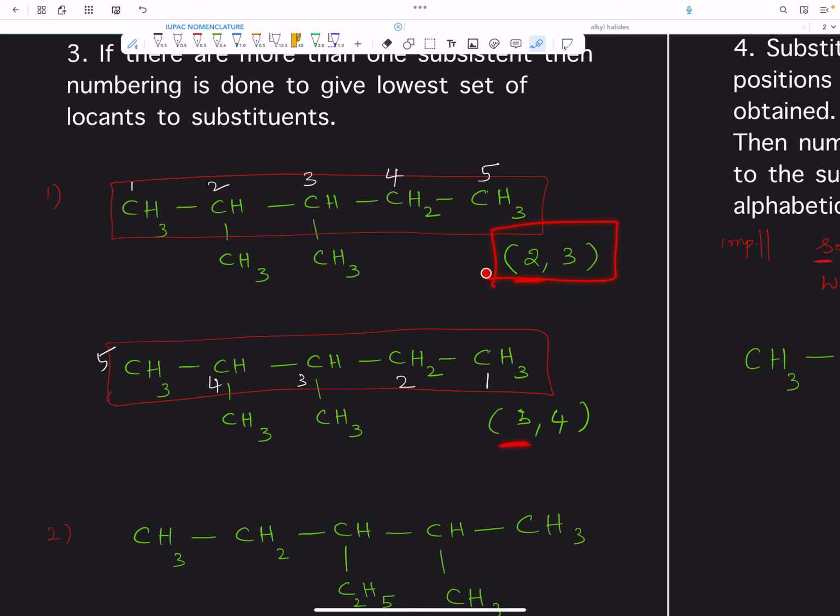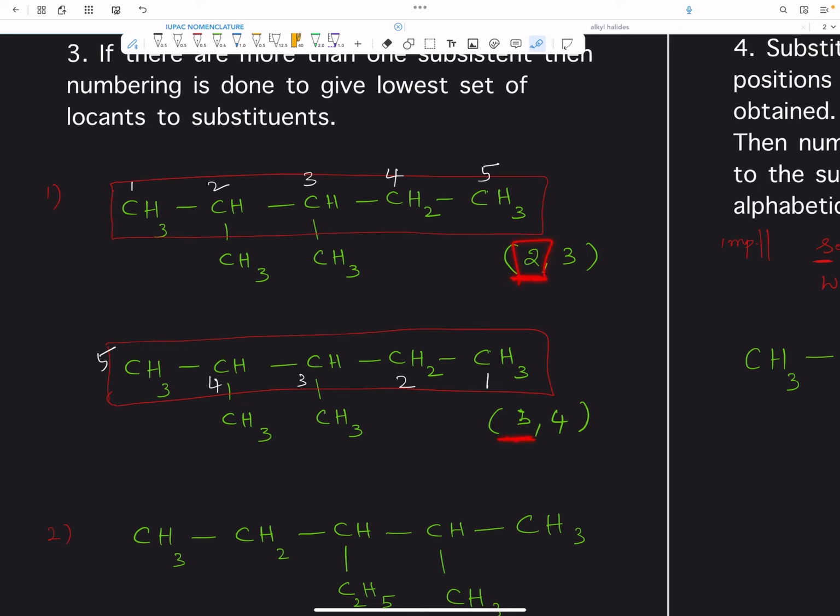In this set of locants, the first locant is 2, and in this set of locants, the first locant is 3. Just go on comparing the successive locants until you get to that set of locants with the lowest locant number. Here the first locant itself decides which is the possible lowest set.